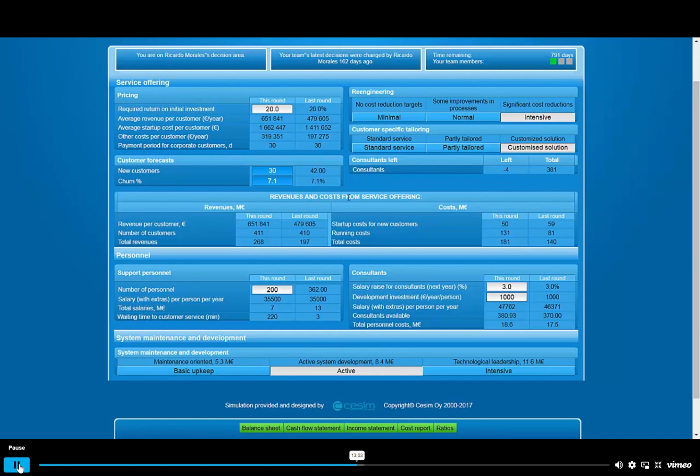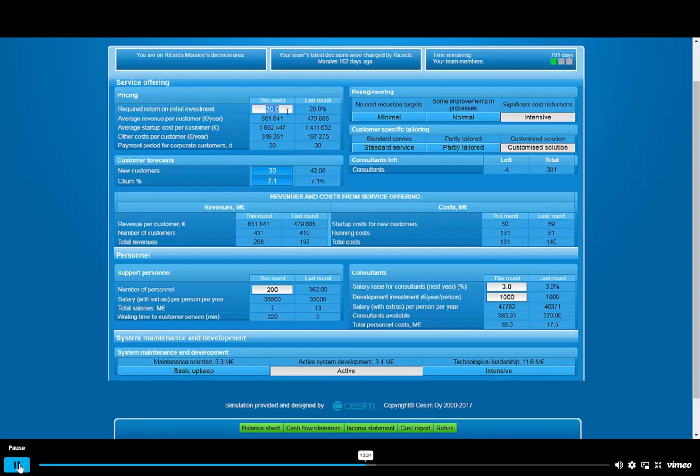The pricing decision for these solutions is done as a return on investment. So when we integrate the client to our systems, then we make an initial investment with the startup costs, and then we decide what kind of return we want to make on this initial investment.